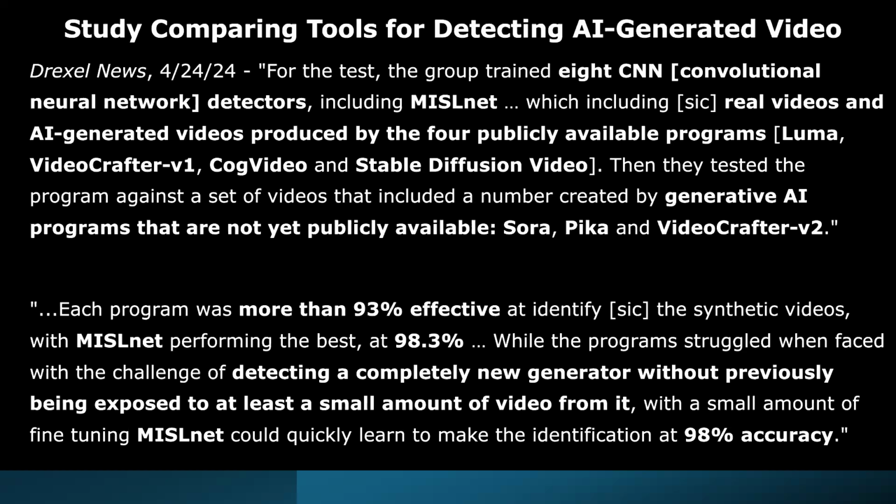They then tested the programs against a set of videos that included a number created by generative AI programs that are not yet publicly available: Sora, Pika, and Video Crafter V2," end quote.